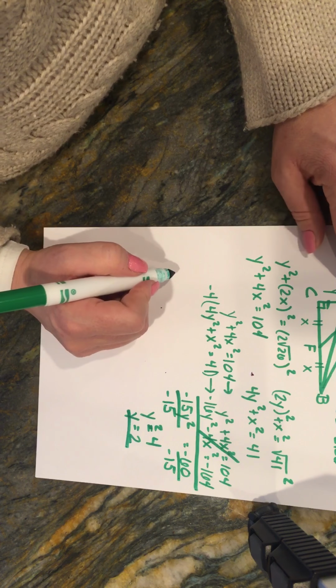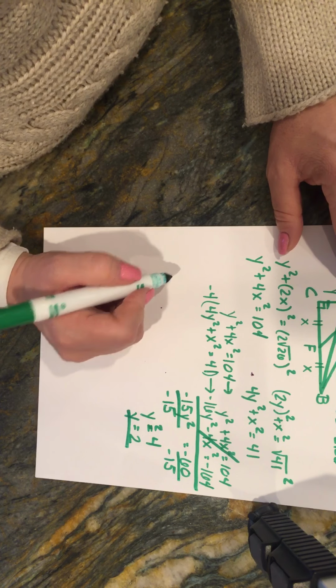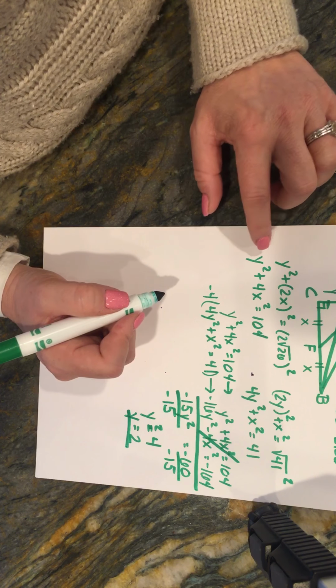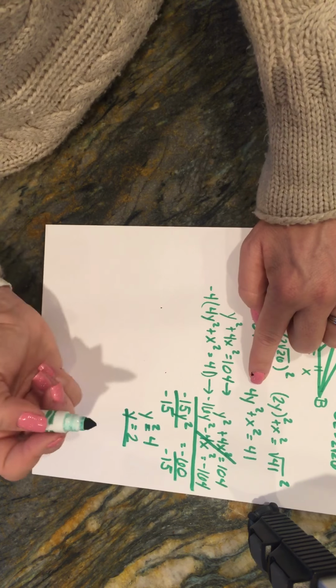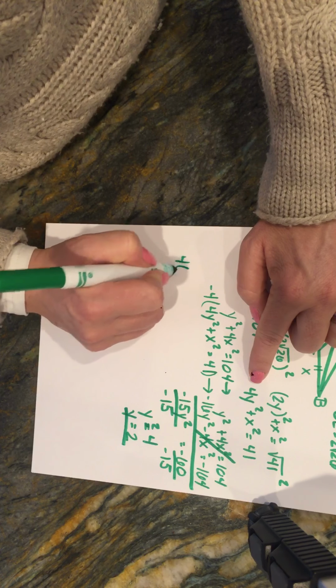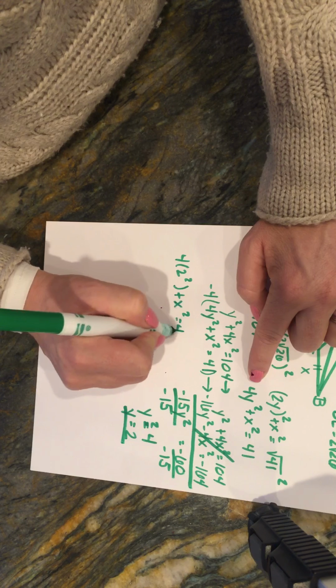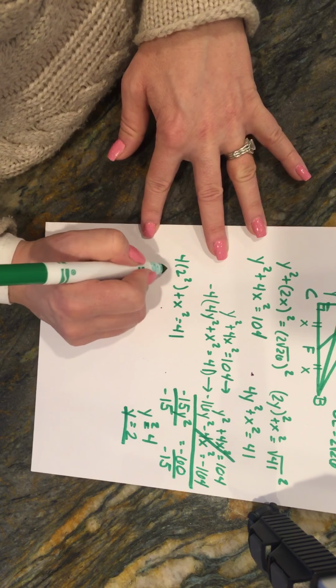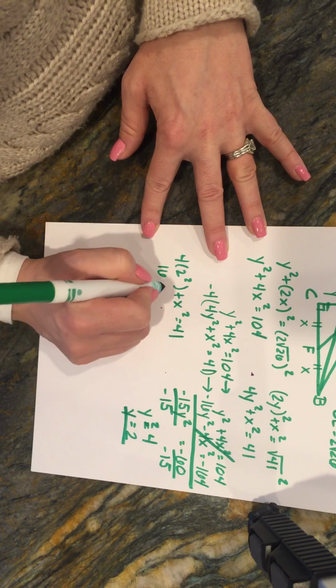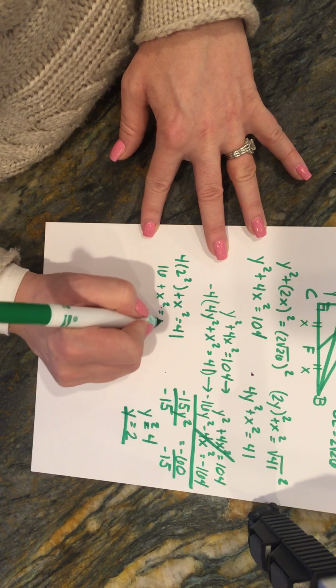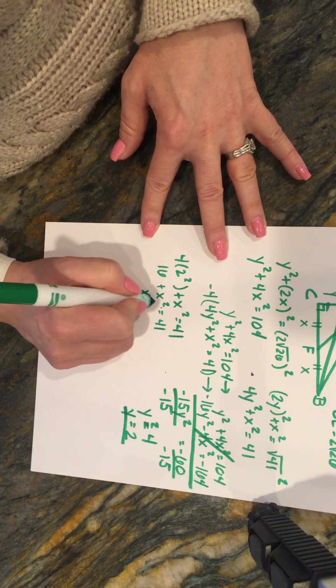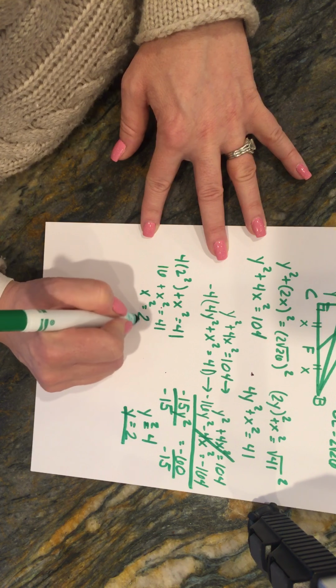And now we'll solve for x. So here we go. Solving for x, let's take this equation. 4 times 2 squared plus x squared equals 41. So 4 times 4 is 16, plus x squared equals 41. X squared equals 25.